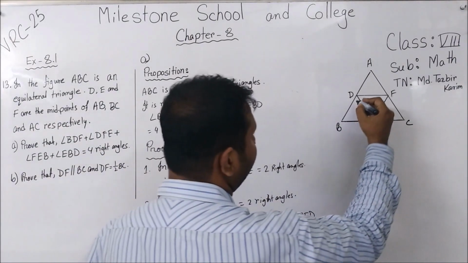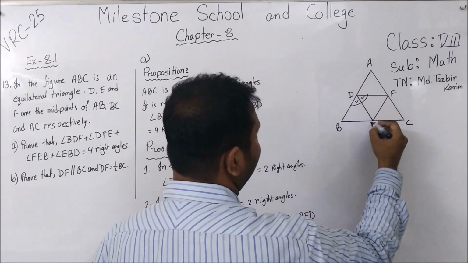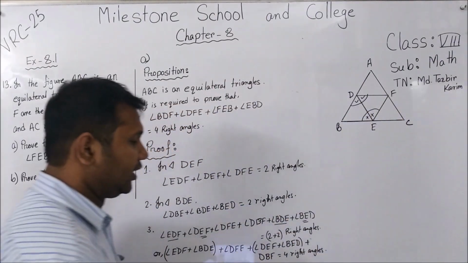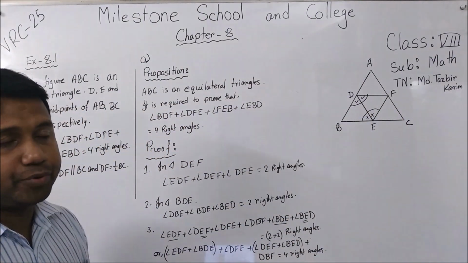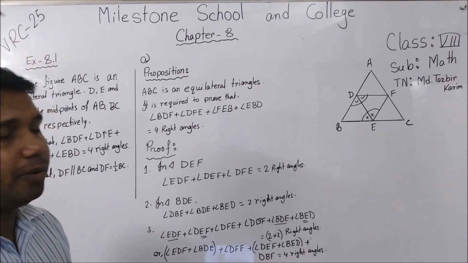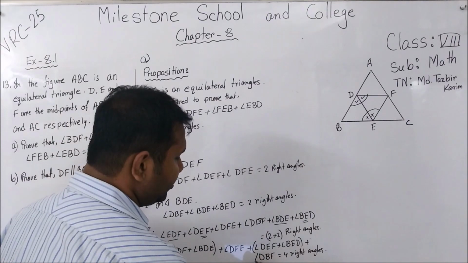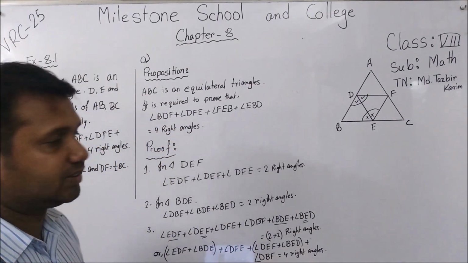So you can see these two angles make a combined angle, and these two angles make this angle together. So I just arrange them and set them together because we just want to make them one angle. And the last one is angle DBF.